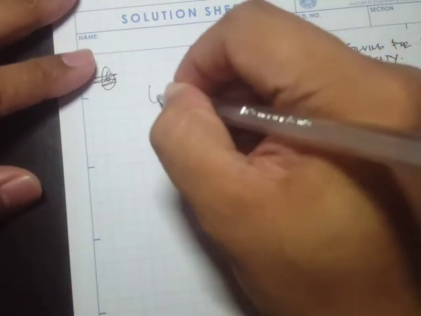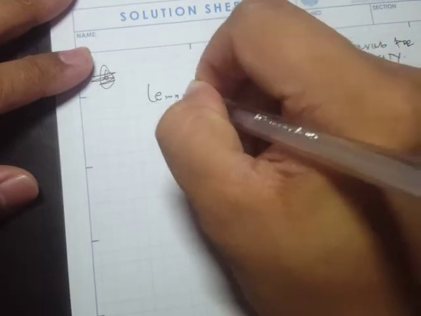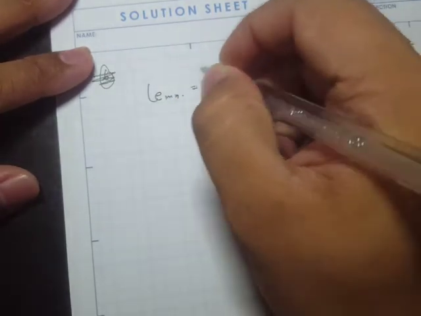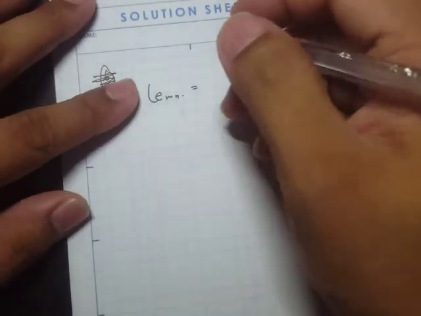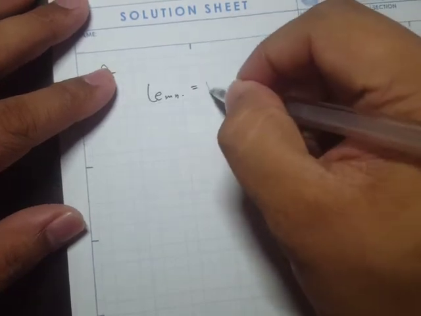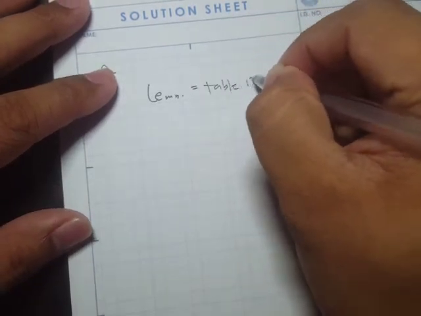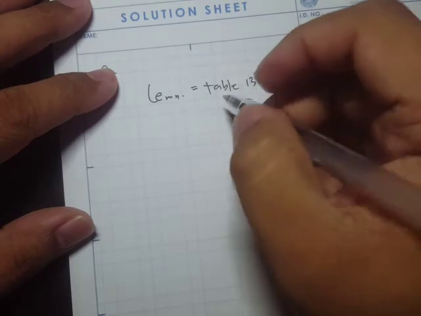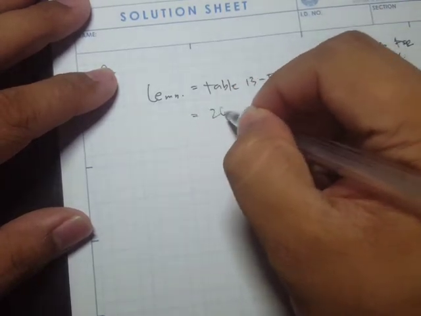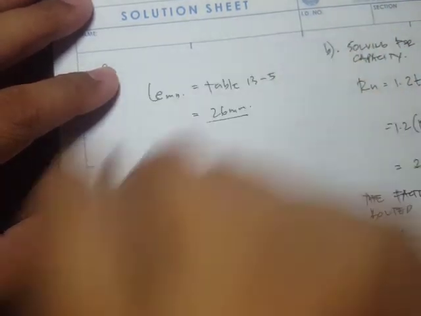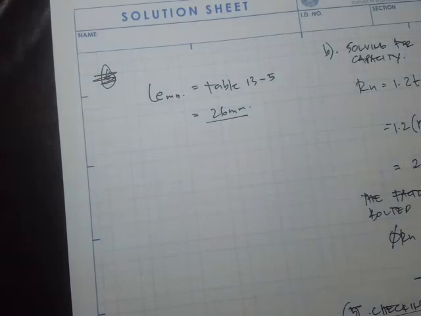Then for our Le min, we can obtain that from table 13-5, and we have a value of 26 mm.